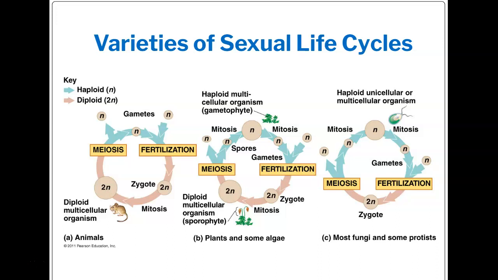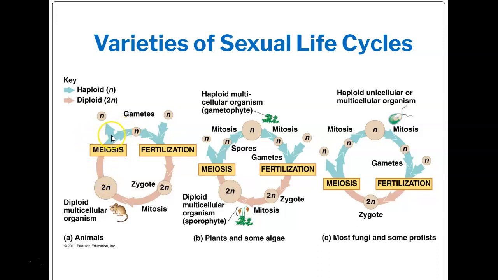Okay, so the thing that I just described essentially is on the left, animals. So we have an organism like a mouse that is 2N or diploid. It has 46 total chromosomes. A mouse doesn't really have 46, but extrapolating, 2 total sets, one from mom, one from dad. Then it's going to create sex cells that are halved.